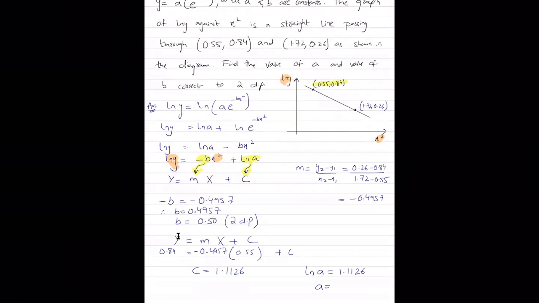So this should be e raised to the power of 1.1126, which comes out to be 3.04 in two decimal places. That's correct.